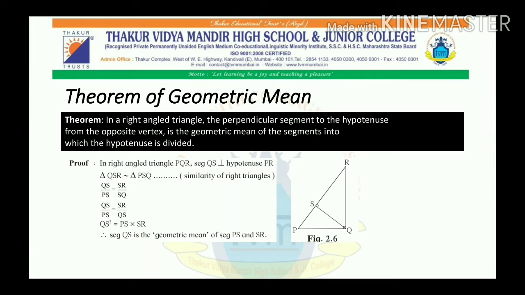Then QS upon PS is equal to SR upon SQ, or you can say QS upon PS is equal to SR upon QS. So QS square is equal to PS into SR. Therefore, segment QS is the geometric mean of PS and SR.